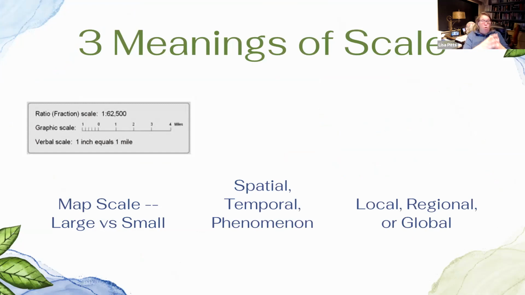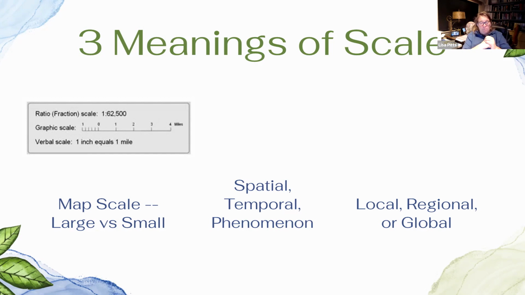So if there's an oil spill, or a gas leak, that's probably a local problem until the Santa Ana winds come and start blowing stuff, or until something else happens and it becomes a regional problem. And then sometimes problems get so big they become global problems, right? And so when we talk about environmental things, we'll be talking about these different scales.